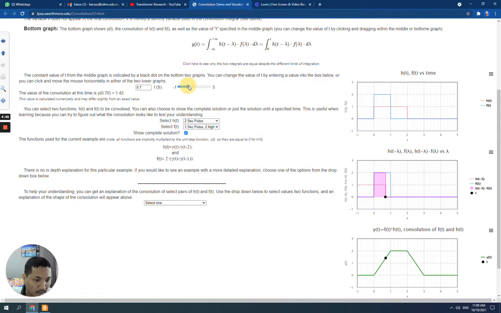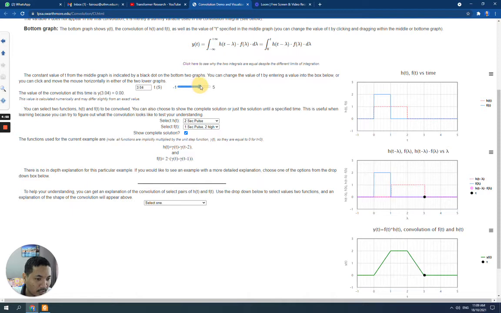The 2-second pulse is moving. This is the input, and the pulse that remains fixed is the system.